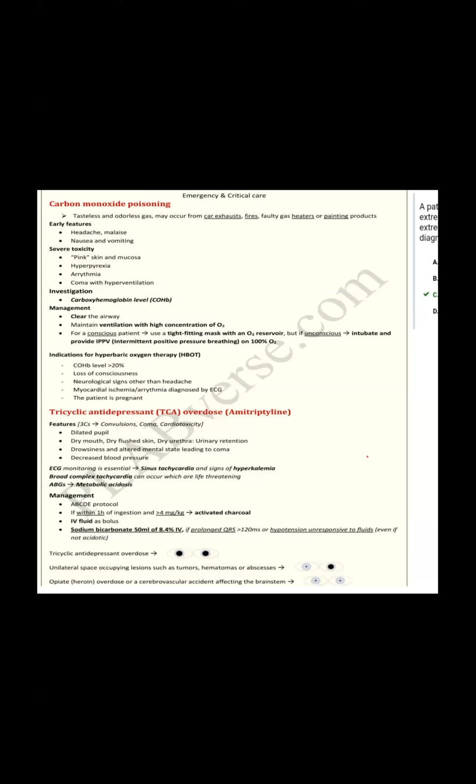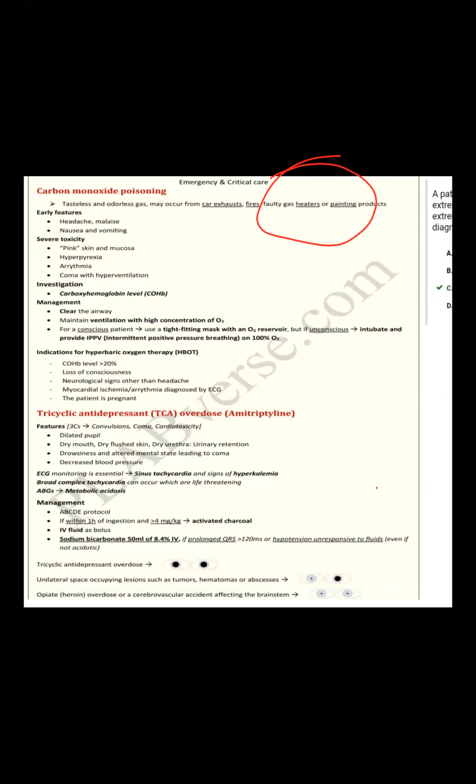So the clues they give are car exhaust, heaters, painters' products. With the patient presentation, they give an investigation in the exam question: carboxyhemoglobin level. In the clinical scenario, they ask for the diagnosis.